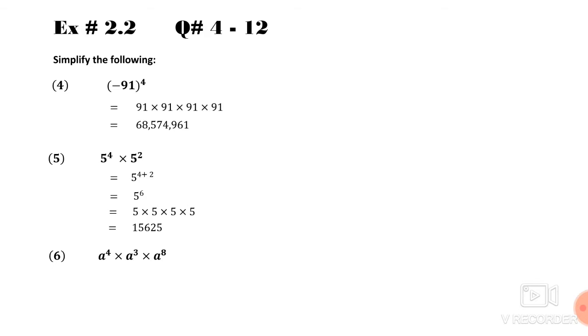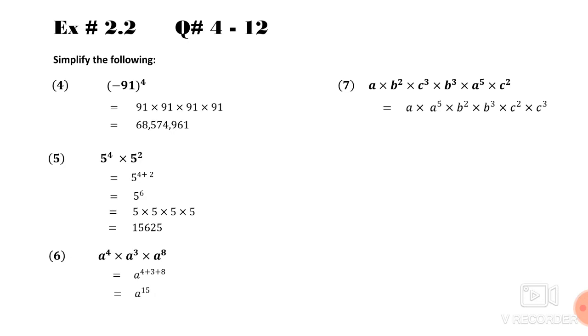Part 6 is exactly the same as part 5. Bases are same, so powers will be added. 4 plus 3 plus 8. A exponent 15, that's your answer. Part 7. Here you can see that we have different bases. Base A will be written with each other, then base B will be written with each other, and then base C. Now we will apply the law of exponent.